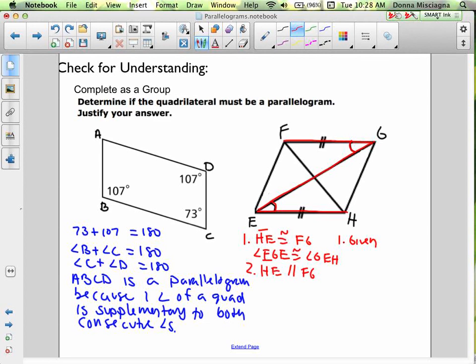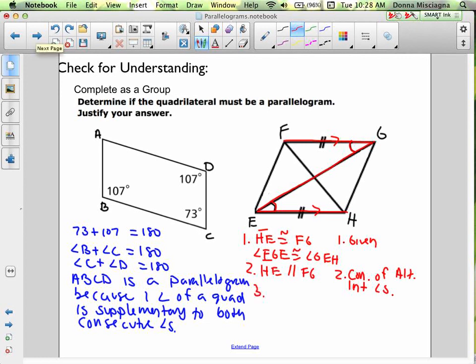The reason: those are alternate interior angles, so we're going the other direction. This is the converse of alternate interior angles. And that actually is enough. Let me mark the information. That's enough information to show this is a parallelogram.